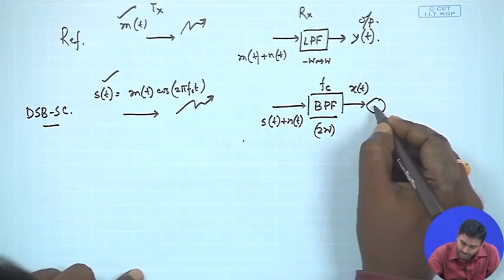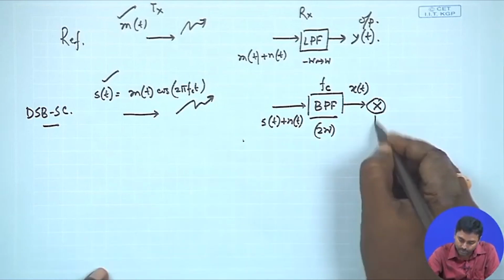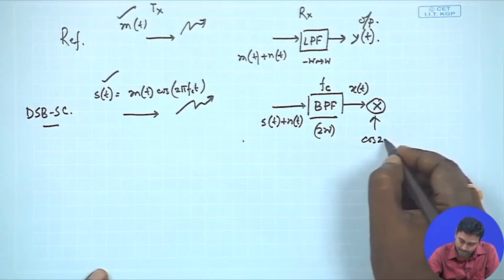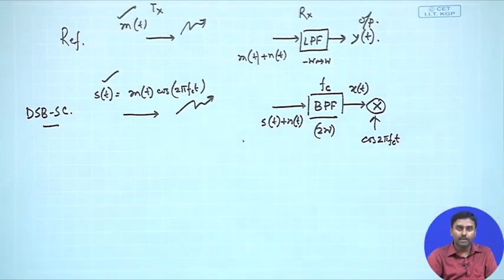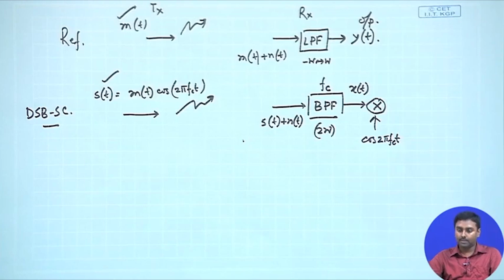Now, for DSB-SC, what do we do? We first put it through a mixer, we will be multiplying by cos omega c t or cos 2 pi f_c t. Somehow we will do carrier synchronization, we are not talking about that part. This is just the simplest case where the carrier synchronization is done separately. It is not Costas receiver or some other thing. We are not bothered about that right now.